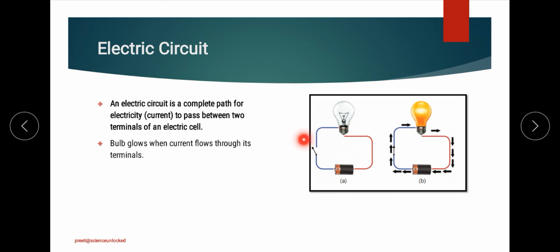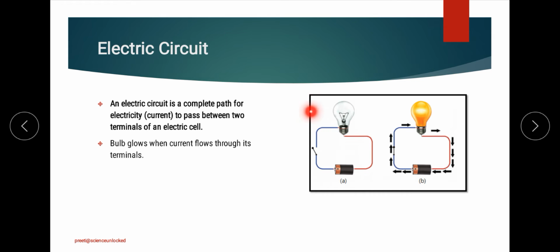In this structure, the switch is open, so the circuit is not complete and hence the bulb is not glowing, whereas in this structure the switch is closed, hence the circuit is complete, the electricity is flowing, and we can see the bulb is glowing.